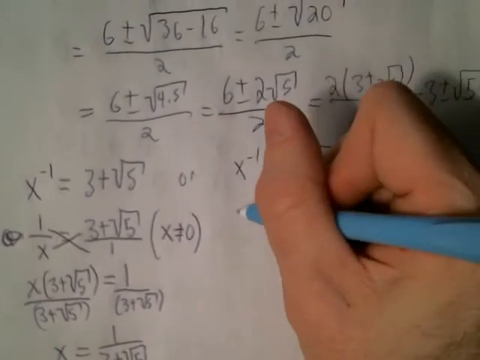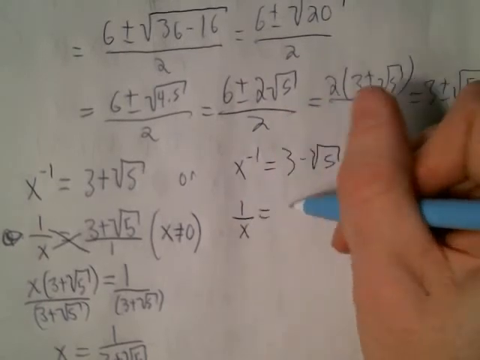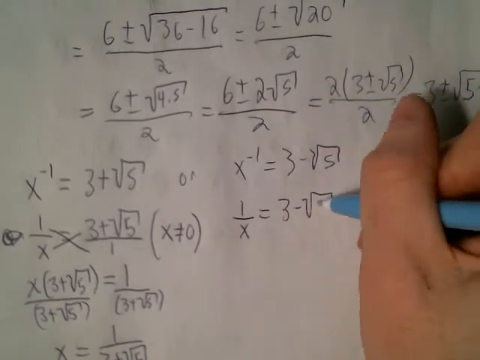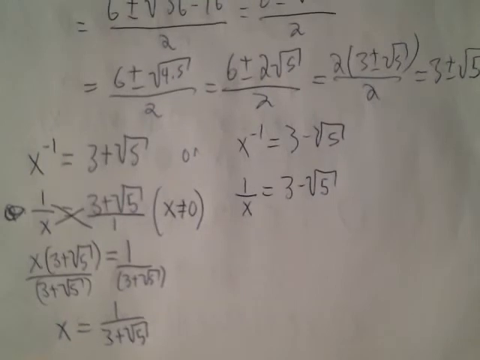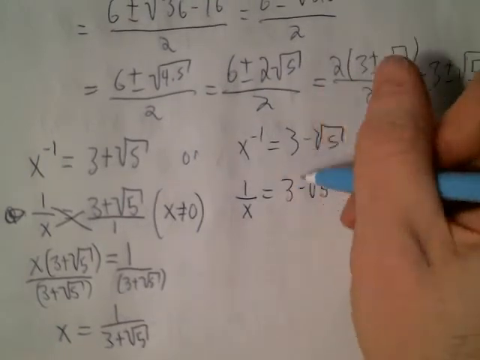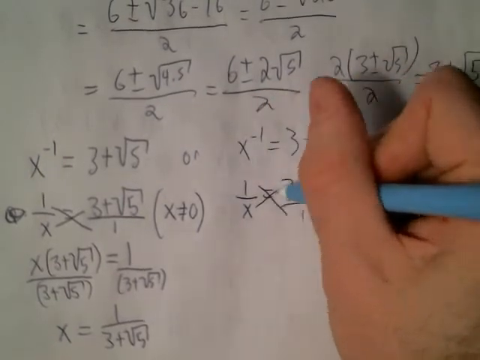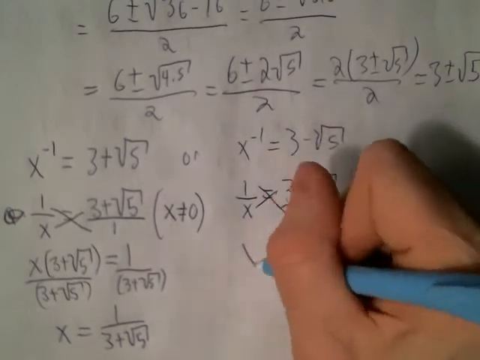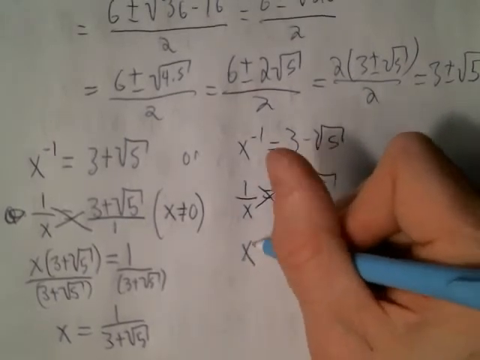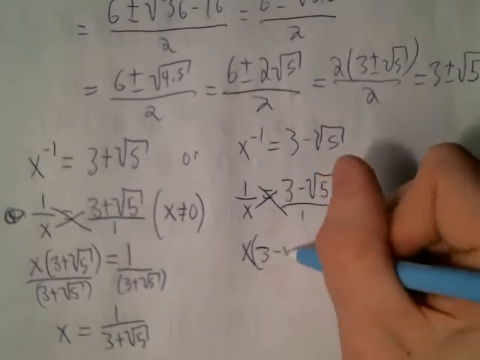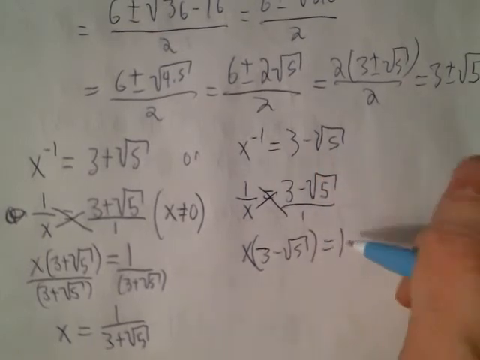All right, so let's go on to the other guy. 1 over x is 3 minus root 5. Again, we could cross multiply if you want. So you'll have x times 3 minus root 5 equals 1.